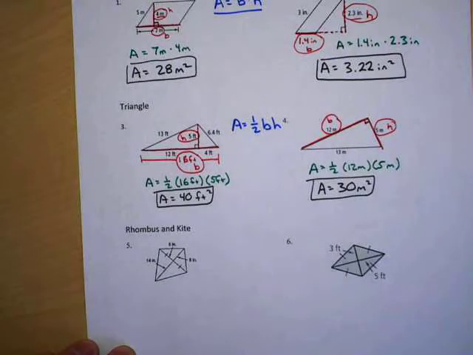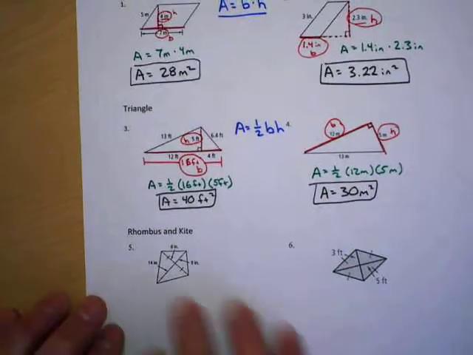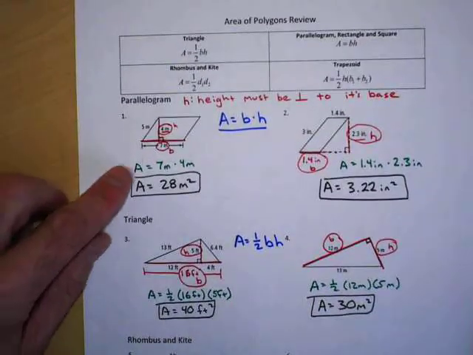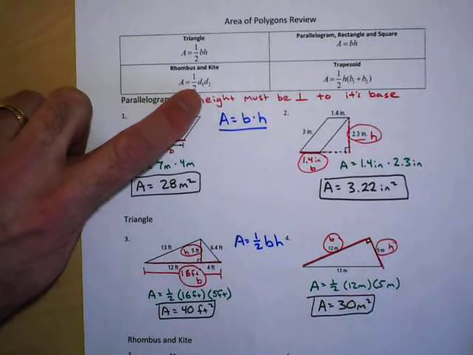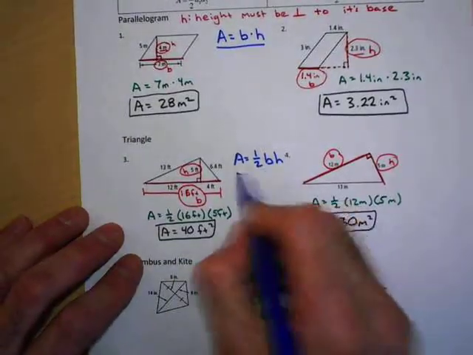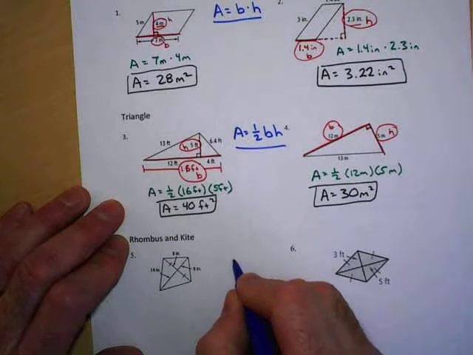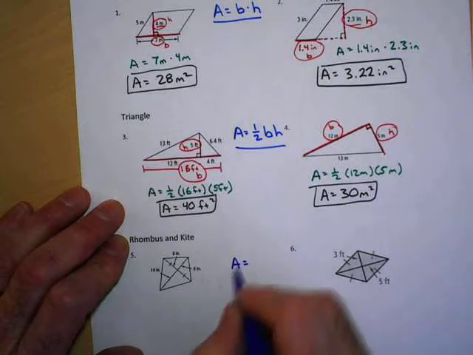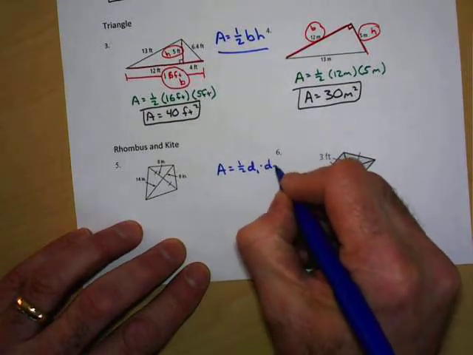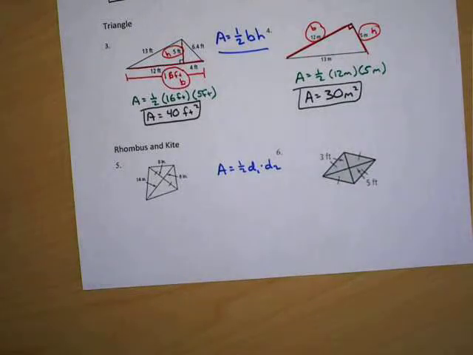Now, the next section is rhombus and kite. Here, area equals 1/2 diameter 1 times diameter 2. So that's the formula that I'm going to be using here. It can get a little confusing, but I think pulling this information off isn't too bad.